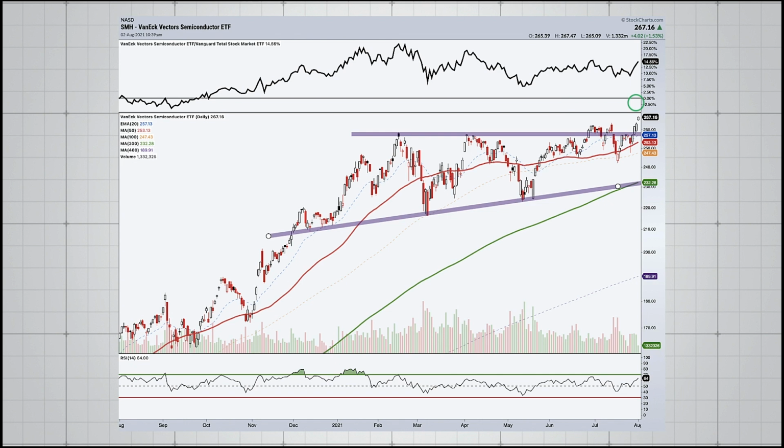When we see groups like semiconductors moving to the upside, having a great day, especially today, but breaking out of this symmetrical triangle pattern that we've seen throughout a lot of 21, this is incredibly bullish for the market. Corners like semiconductors outperforming is incredibly bullish for the market. So I'm loving this move from semiconductors.